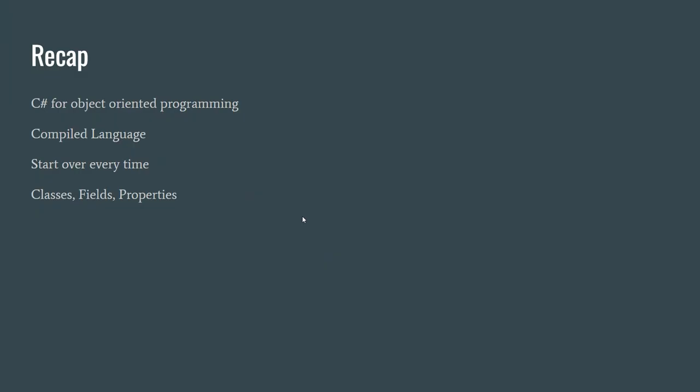C sharp is a compiled language, meaning that you had to run it and then it executed as its own program. You only did that inside of Visual Studio, the IDE, but with a few extra steps, you could have actually generated an executable file that you could take to any computer and run.